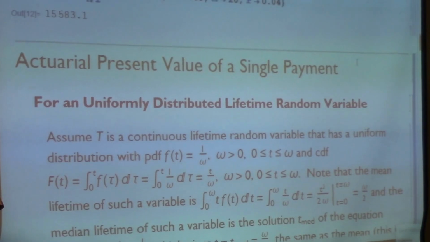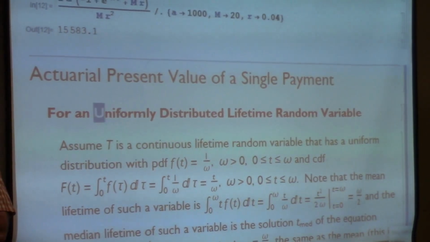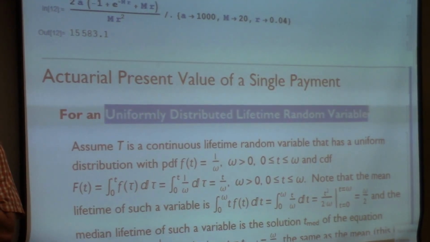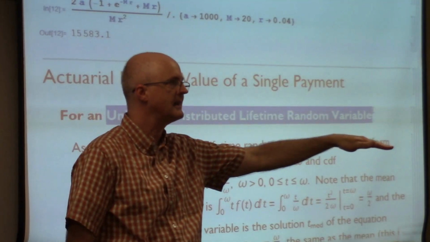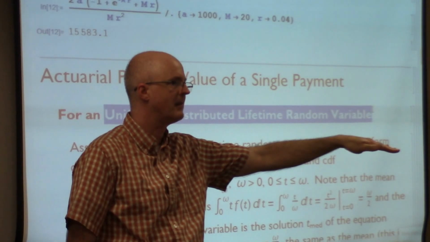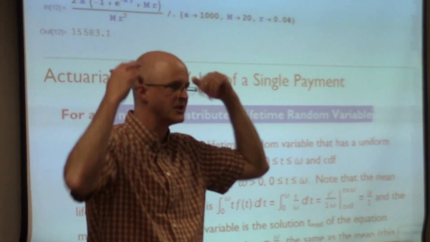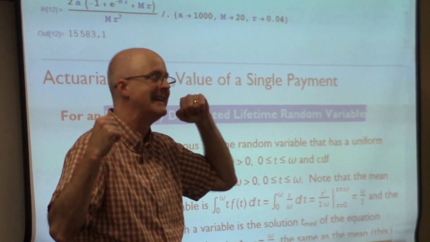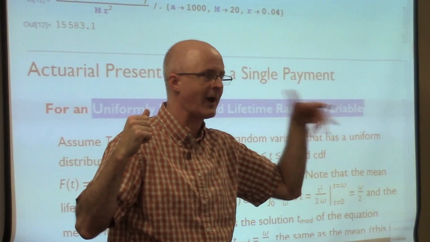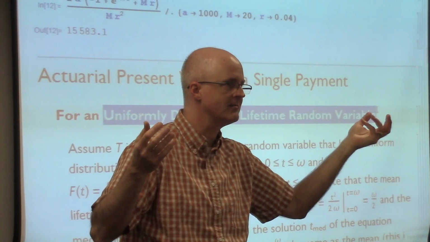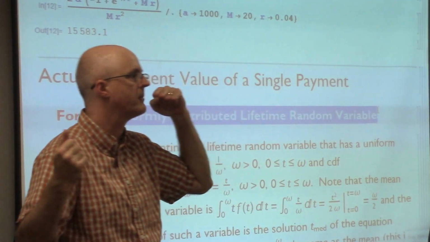One of them, I'm going to assume the lifetime random variable is uniformly distributed. PDF is a horizontal line. By the way, the real life situation I'm going to be imagining is a washing machine, okay? Capital T is going to represent the random lifetime of a random washing machine made by the same company, say.